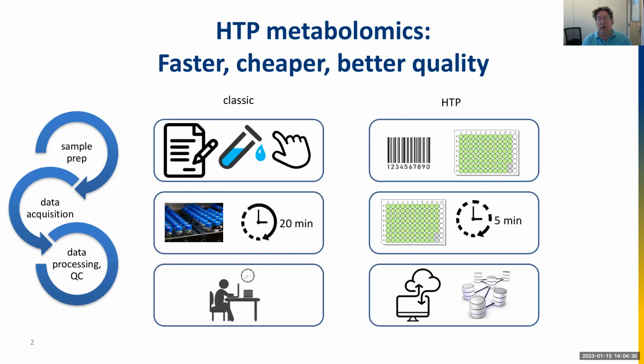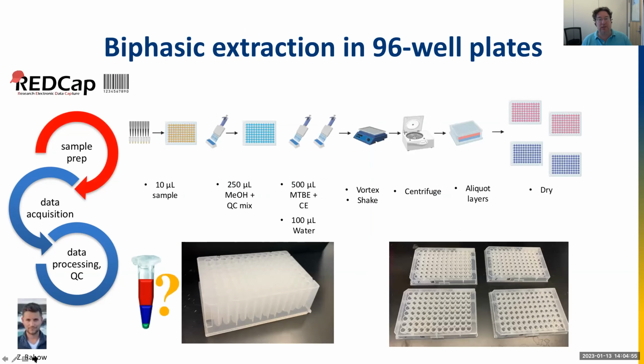First of all, we now only deal with 96-well plates in a high throughput manner that are barcoded. We have improved the cycle times per analysis to 5 minutes, and we do everything based on cloud processing and no longer manual data processing.